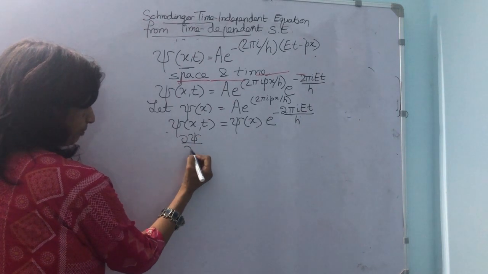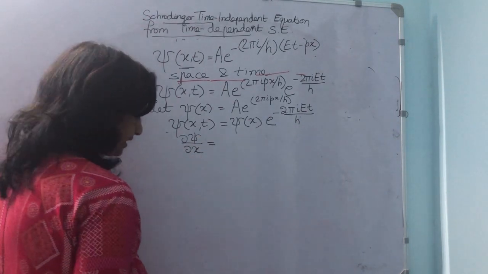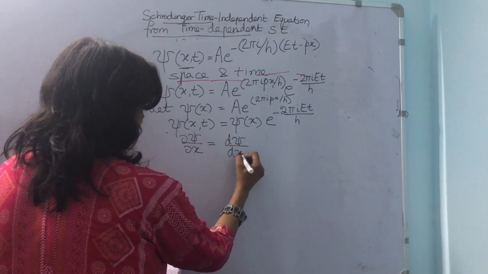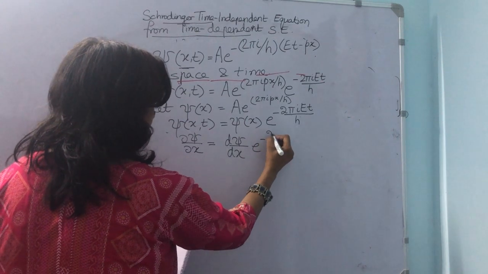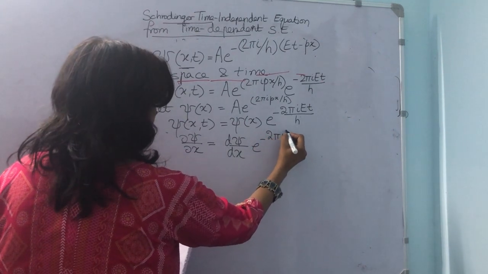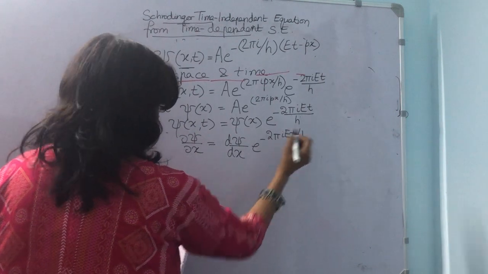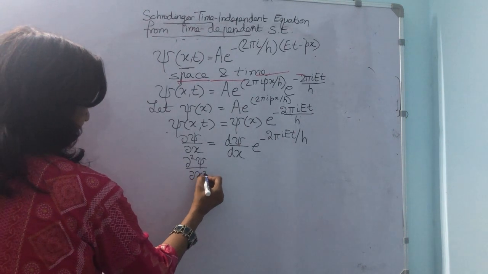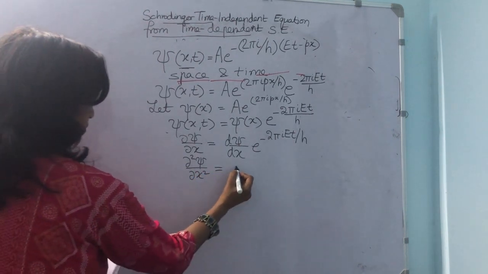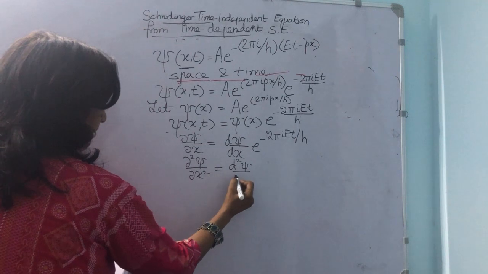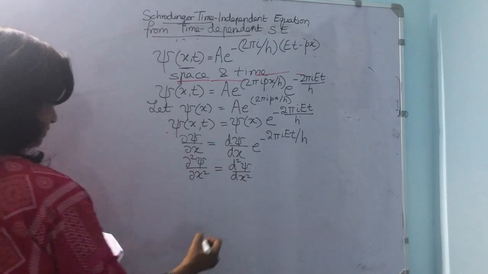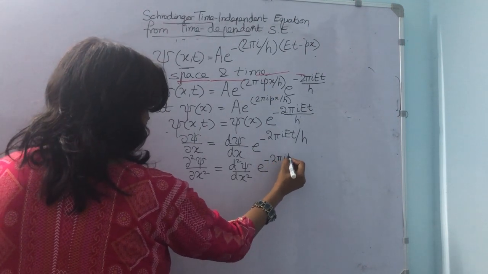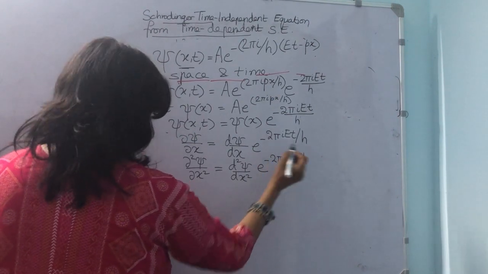Del phi by del x is equal to d phi by dx e^(−2πi Et/h), and del 2 phi by del x2 is equal to d2 phi by dx2 e^(−2πi Et/h).